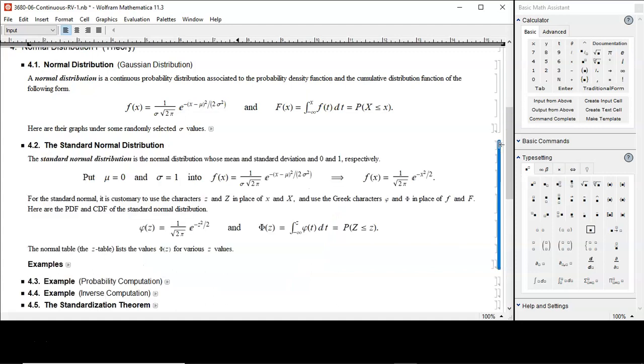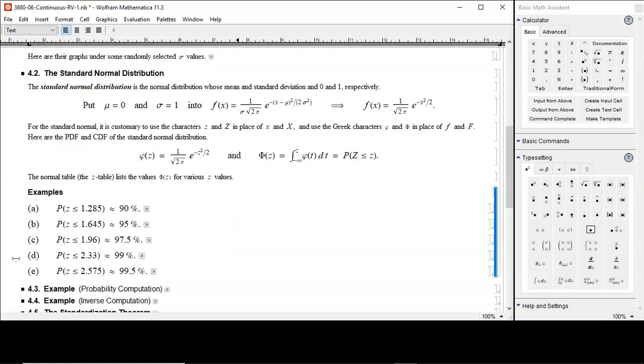But if you take standardization, and z is x minus mu over sigma, if you do that, then you end up with standard normal. Again, don't pay attention to this as symbolic expression. The key is a normal distribution with mean 0 and standard deviation 1. And we can use the z table for that.